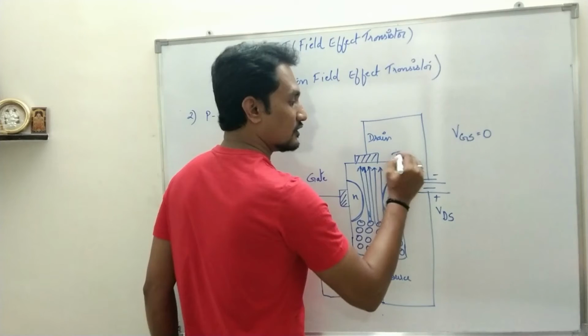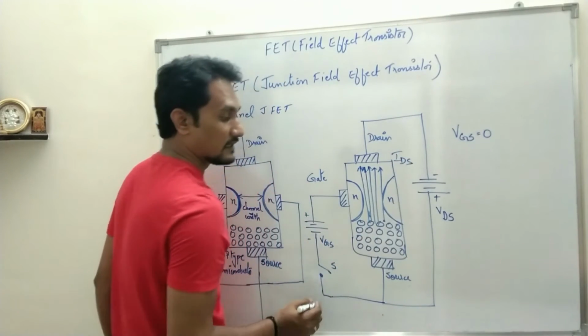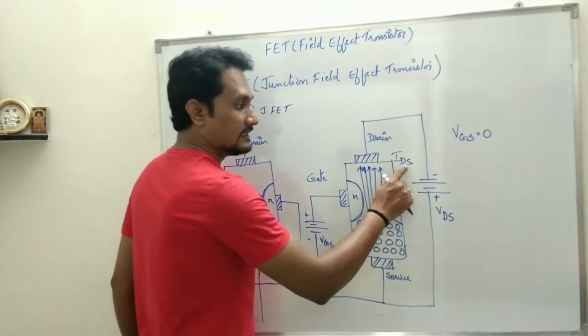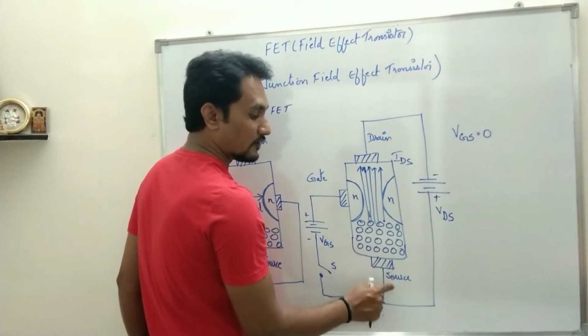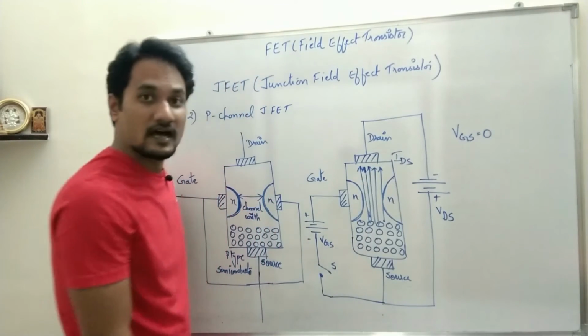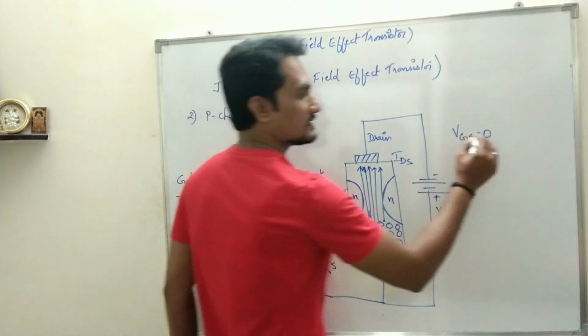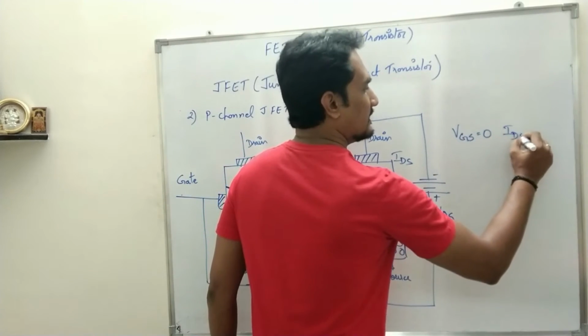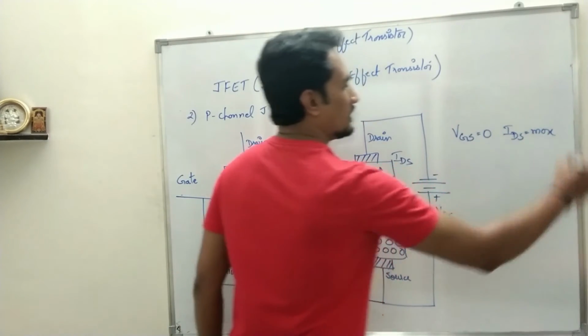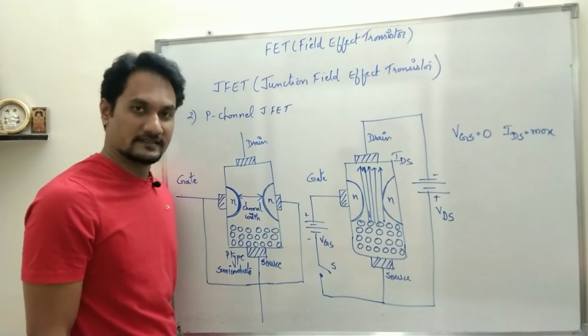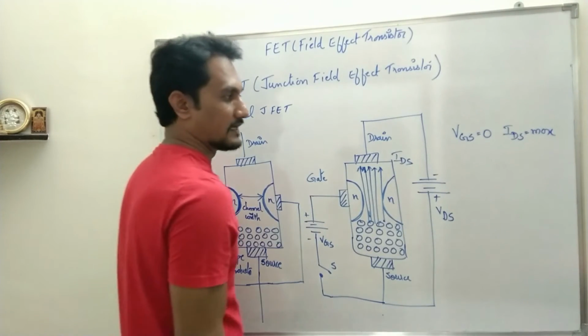That current flowing in the transistor is called IDS. This is the charge carrier which is moving from source to drain. We specify it as IDS. So when VGS is equal to 0, IDS is maximum.